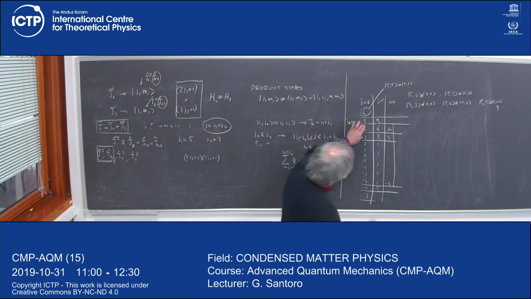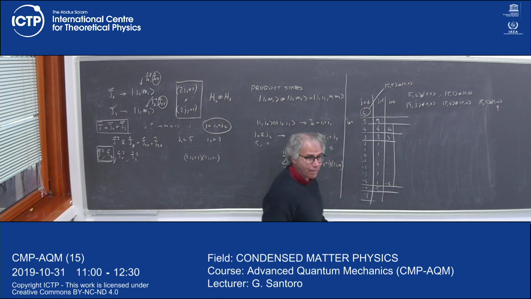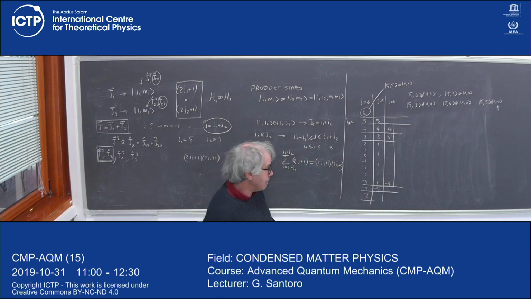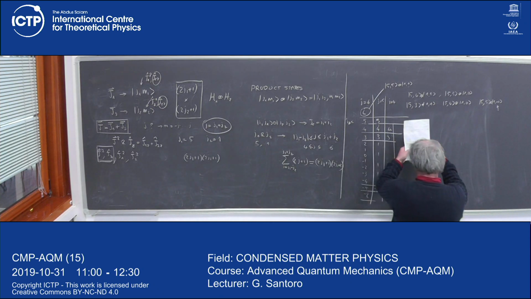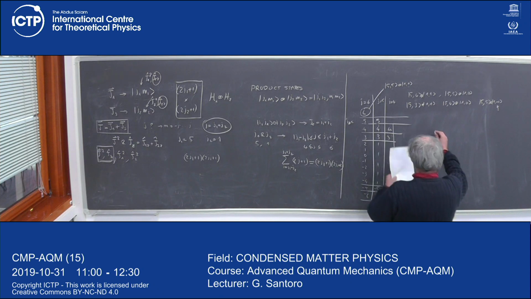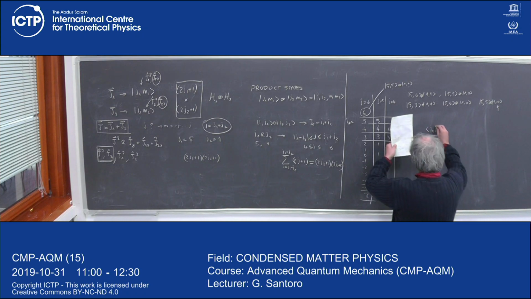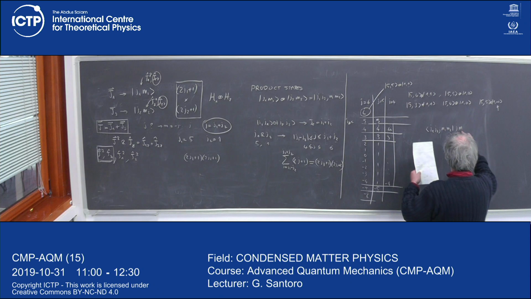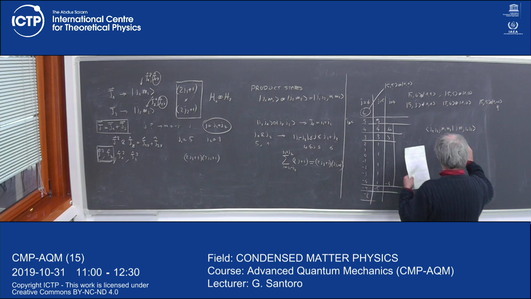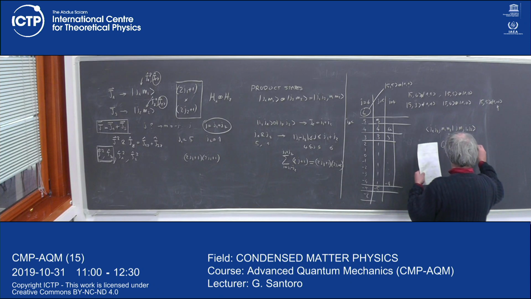Obviously, constructing the exact coefficients that appear in this list is laborious. Okay? But they are given, in fact, and they are called... So, if I want to know what is the matrix element between a product state, which as I told you, I write like this, and a state with a given j and m, formed by the same j1 and j2, this object is called the Clebsch-Gordan coefficient.